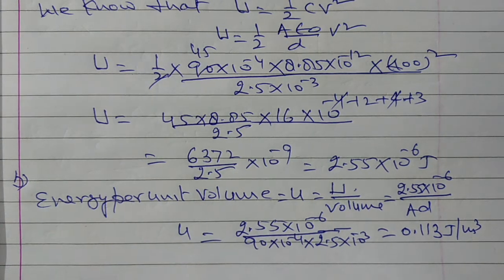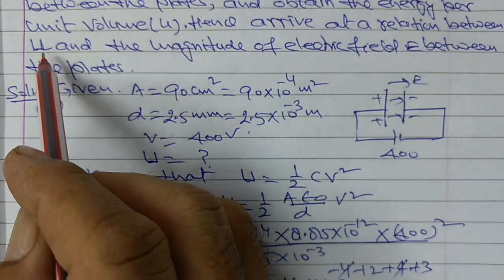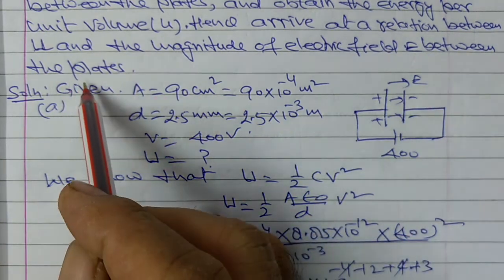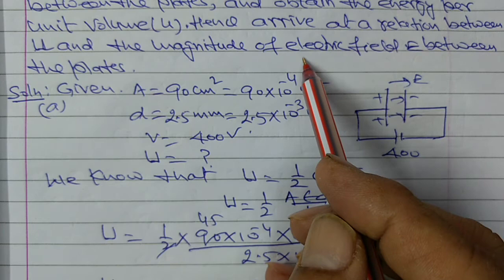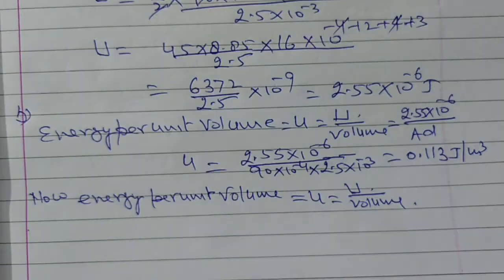Now, according to the question, arrive at a relation between small u and the magnitude of the electric field E between the plates. तो हमें क्या करना है, रिलेशन ड्राइव करना है स्मॉल u और इलेक्ट्रिक फील्ड बिटवीन द प्लेट्स ऑफ द कैपेसिटर.